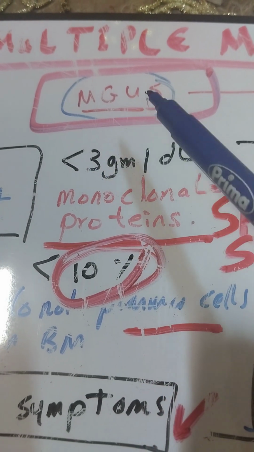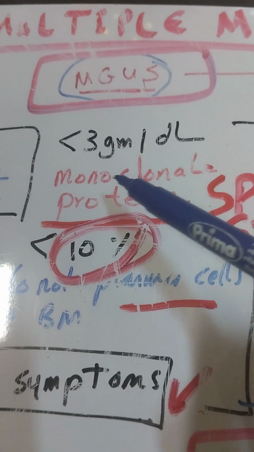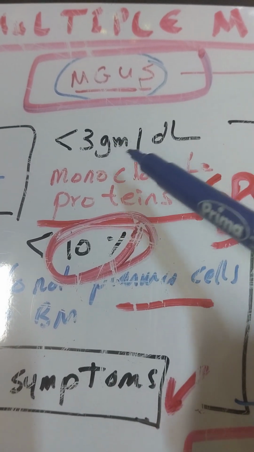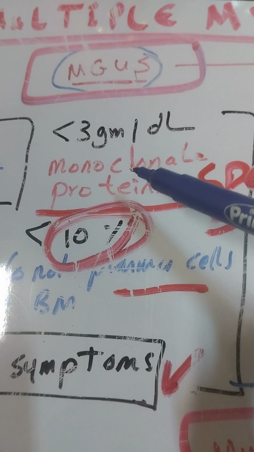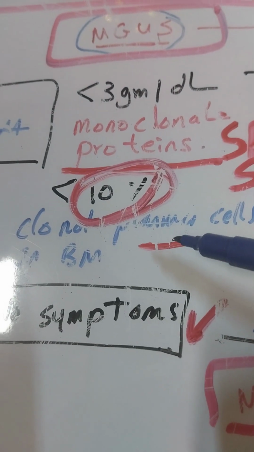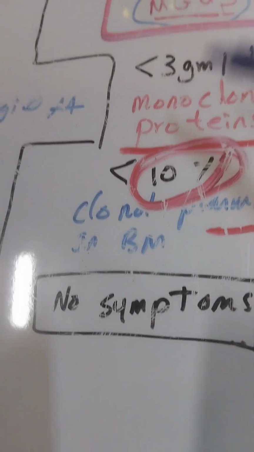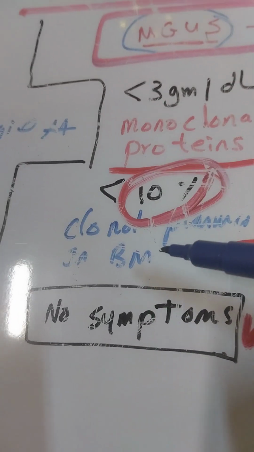The amount of monoclonal proteins is less than 3 gram per deciliter, which means it is a small amount, and the plasma cells are also less than 10% in the bone marrow with no clinical manifestations, and it is a pre-myeloma state.